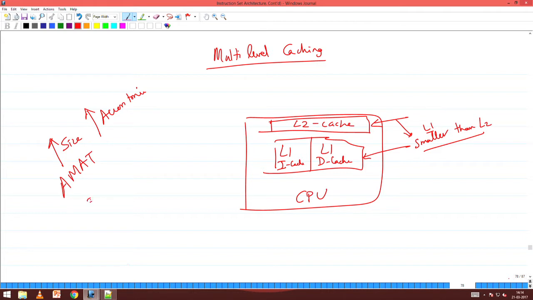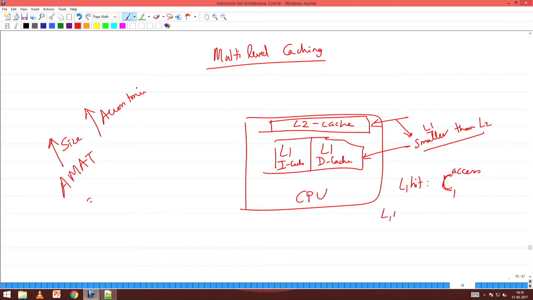AMAT will be, again I will take one instruction. Take any instruction, L1 hit means it is going to get the level 1 C1 access time.